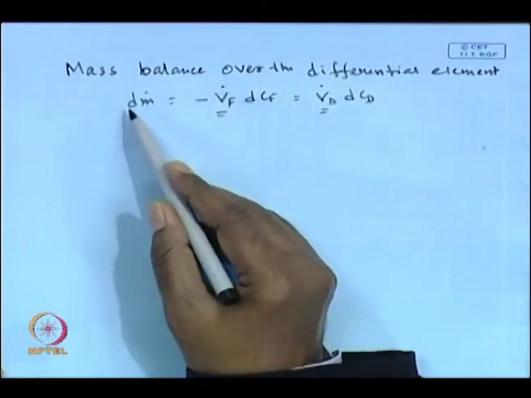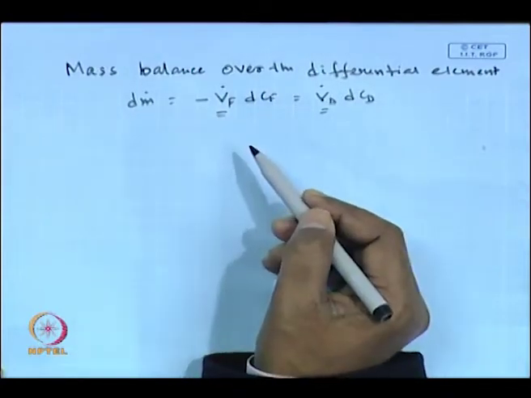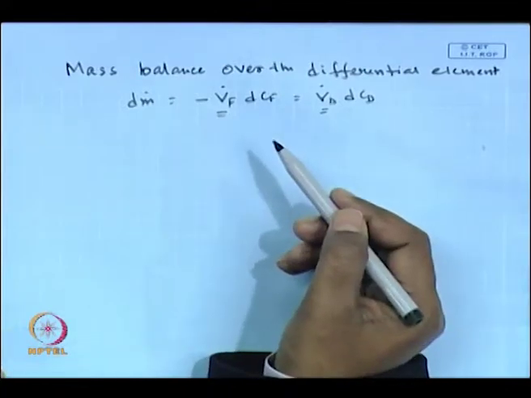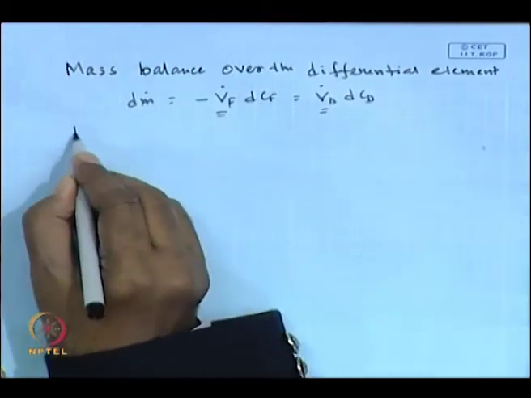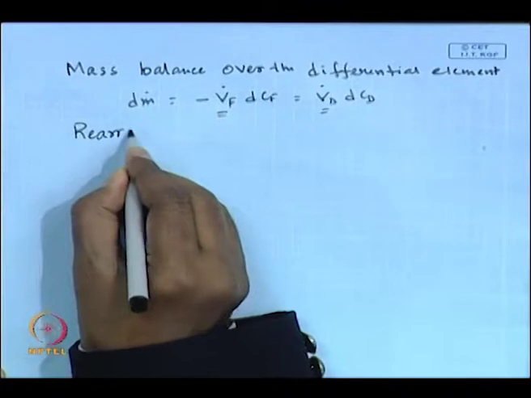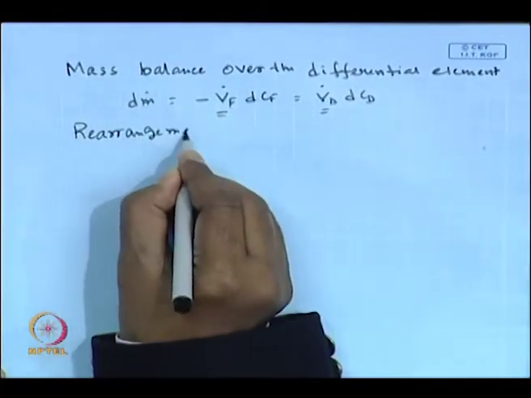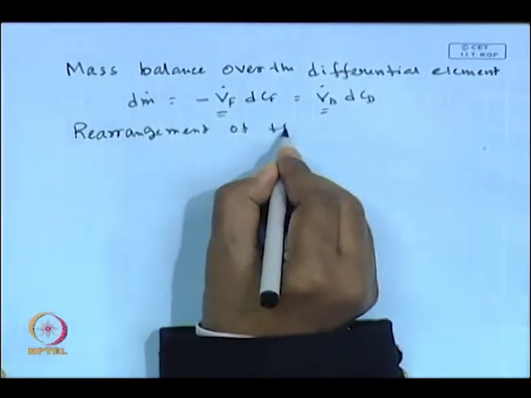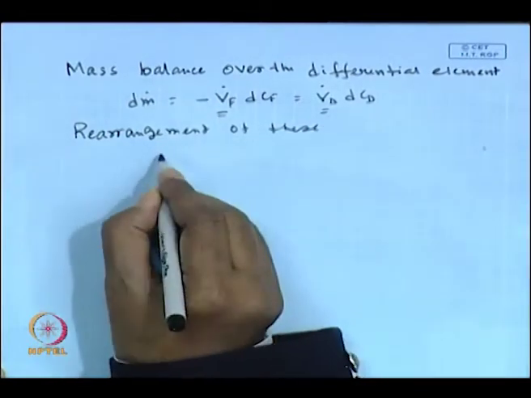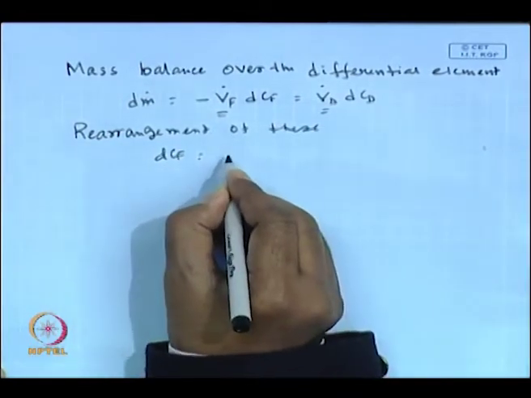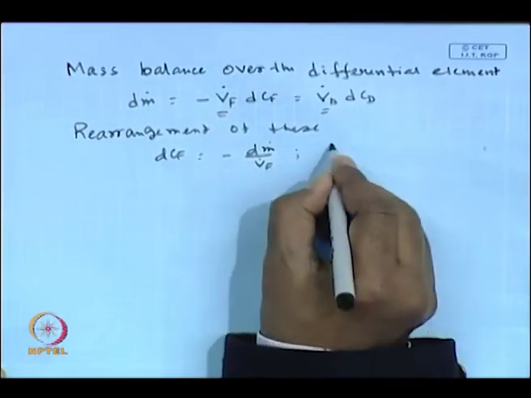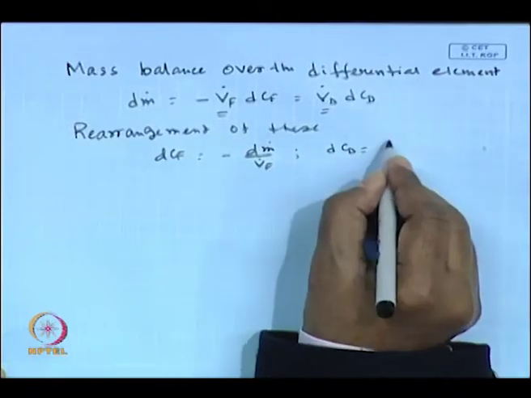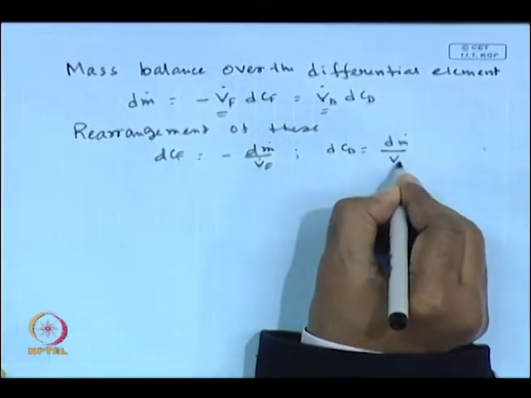So, in dm the change in concentration in the feed is delta Cf, and the change in concentration in the dialysate is delta Cd. So, this gives you the mass balance, and rearrangement of these equations gives you dCf is nothing but minus dm dot by Vf dot, and dCd is nothing but dm dot by Vd dot.